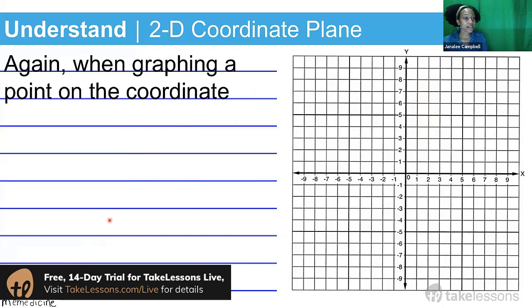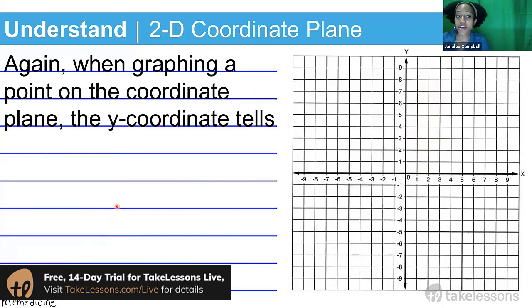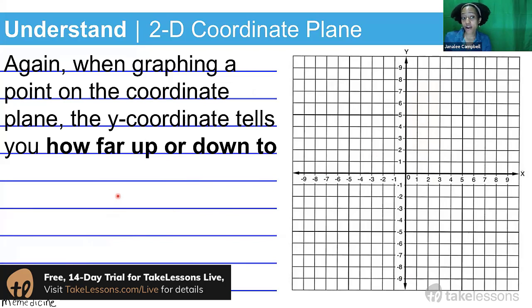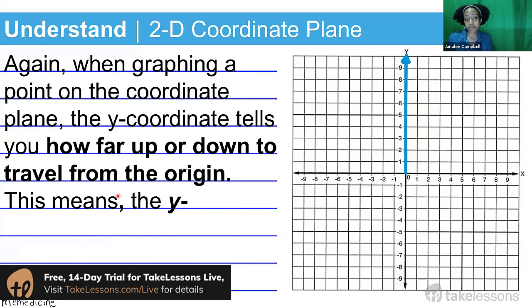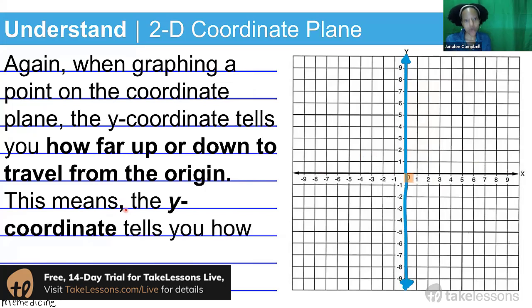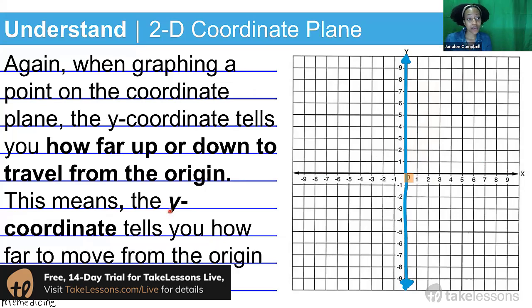Again, when graphing a point on the coordinate plane, the y coordinate tells you how far up or down to travel from the origin. This means that the y coordinate would tell you how far to move from the origin parallel to the x-axis. So sometimes people get confused with this.